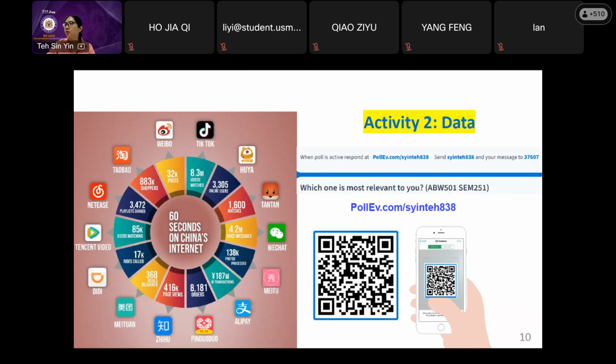Some of you will ask, Dr. Tan, I use WhatsApp, I also use WeChat, how should I answer? You are allowed to answer more than one answer. Either you use this link to answer, or you can scan the QR code.